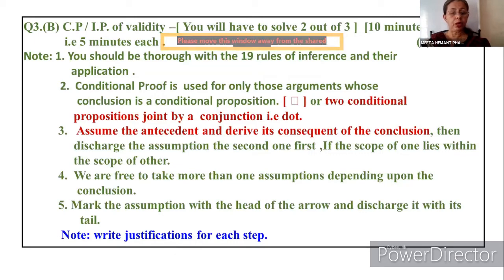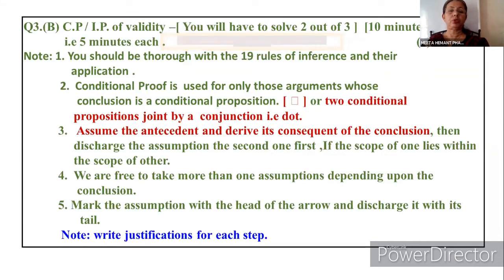Mark the assumption with the head of the arrow and discharge it with its tail. And don't forget to write the justifications for each step. Now let us take an example to understand this. See here, the conclusion is a conditional proposition where horseshoe is the main connective, and the consequent is curl G horseshoe M, where the consequent is again a conditional proposition.